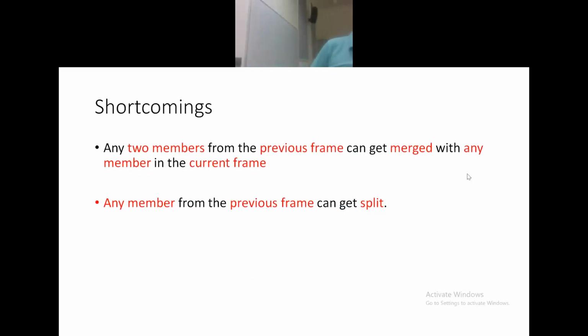Okay, shortcomings. The shortcoming is that in our network, two members from the previous frame can get merged. Our idea of merge node and split node is like a player and the ball can merge, two players can merge. Similarly, for split, two players can split, one is tackling the other, and player and ball can split.